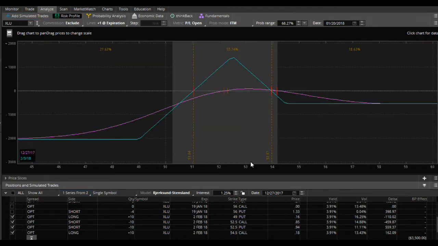Okay, let's move on to the new position that we put on in XLU, the Iron Butterfly. And here we are in our Iron Butterfly for February the 2nd. As you can see, we currently have a probability of profit at 53.74%. We are going to manage our initial credit, which we received at, I believe, $1.45. We already have our closing order in for $1.01.